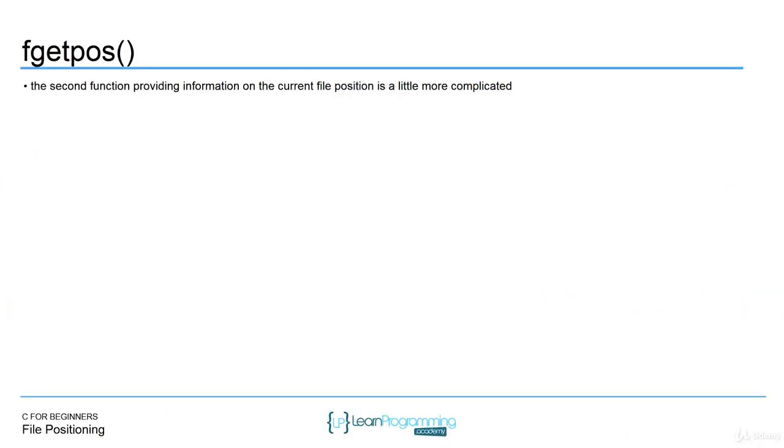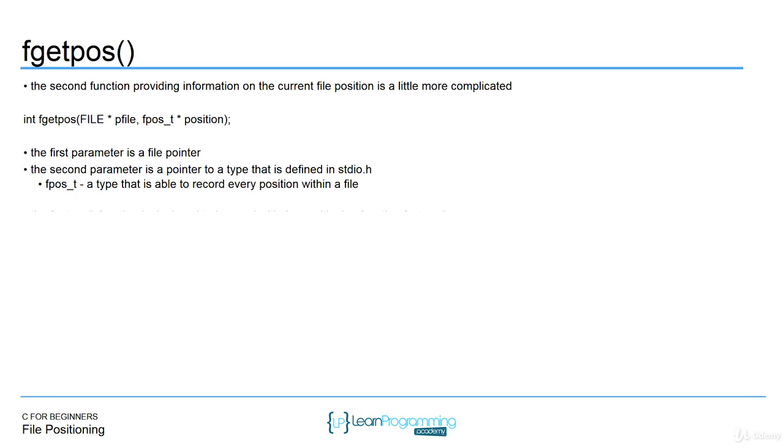You can also use the fgetpos function, and this is a second function providing information on the current file position. It's a little more complicated than ftell. This returns an integer. It takes a file pointer, and it also takes an fpos_t type. The first parameter is that file pointer, so you know what file you need to read.